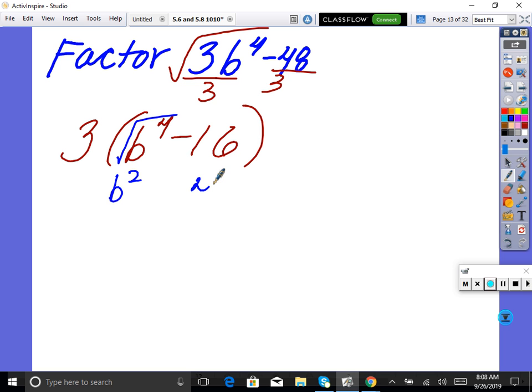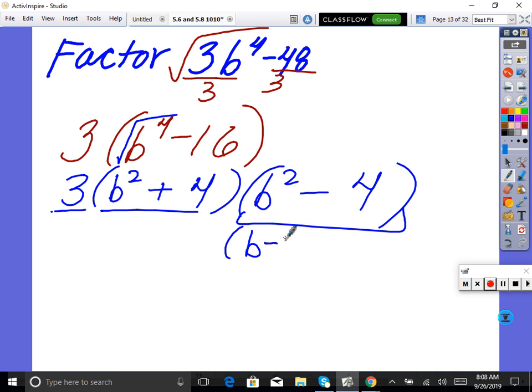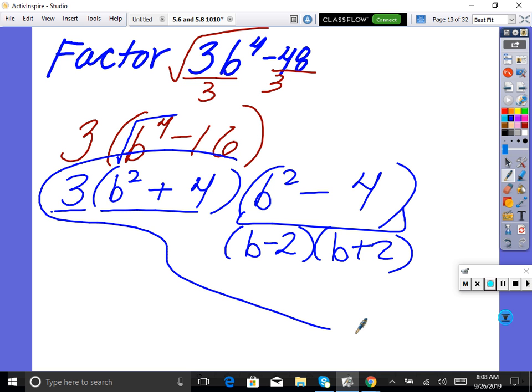Square root the back thing, you get 4. This is 2 perfect squares with no middle term. So b squared and 4, b squared and 4. Plus and minus. Now I still have the 3. Does this factor more? That factors to be b minus 2, b plus 2. True? So there's your answer right there. Okay, awesome.